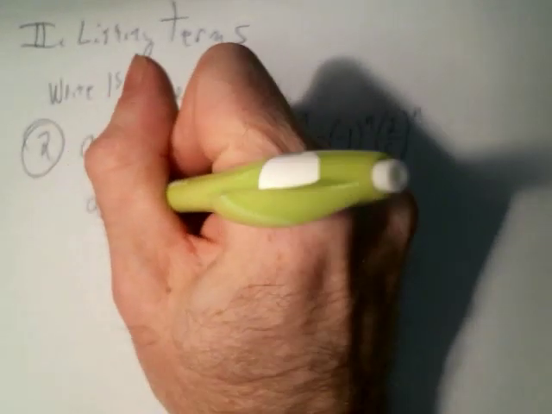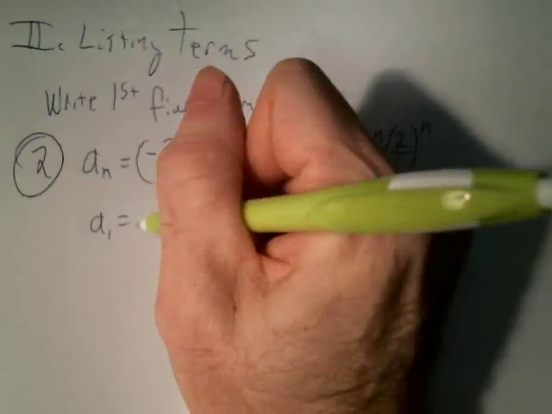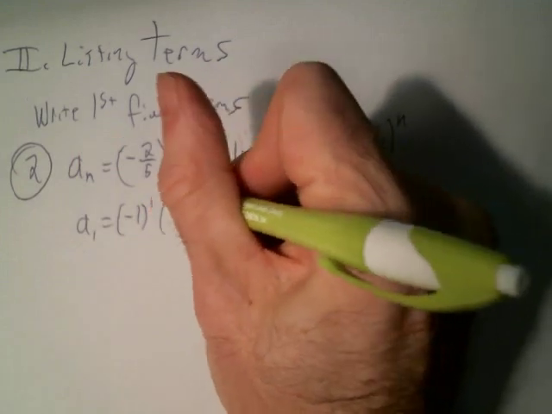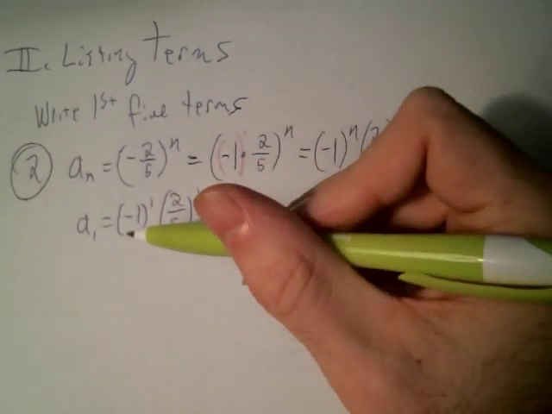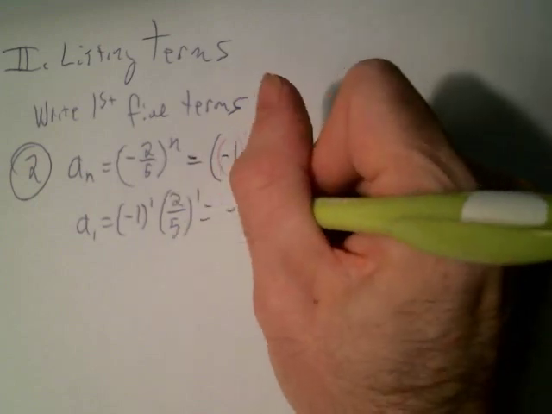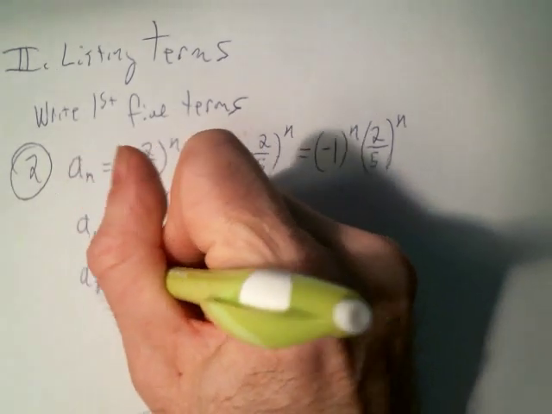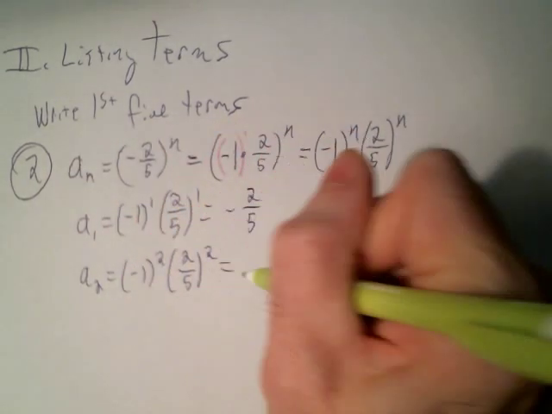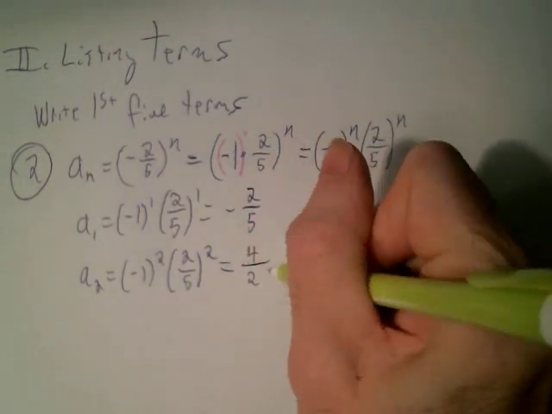And then to write out the first 5 terms, you're just plugging 1 in for n. So -1 to the first power times 2/5 to the first. Negative to an odd power is negative, so this would be negative 2/5. And a sub 2, negative 1 squared times 2/5 squared. This time a negative to an even is positive, so you get 4/25.